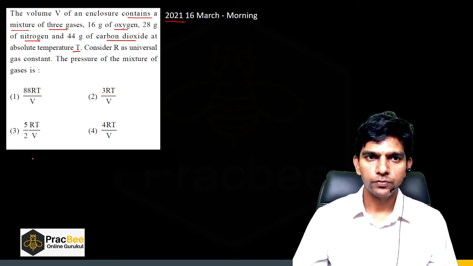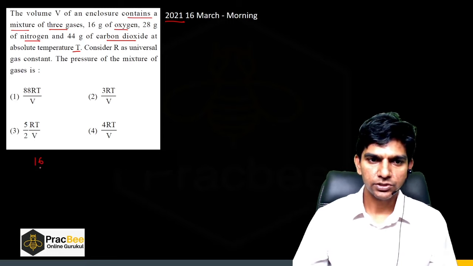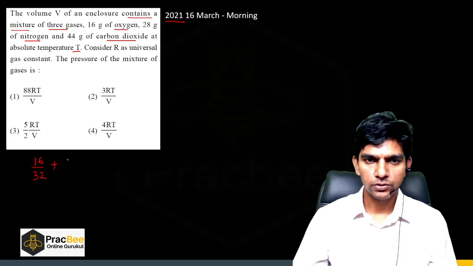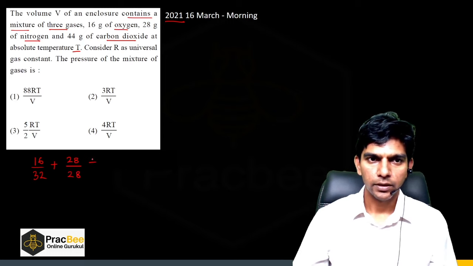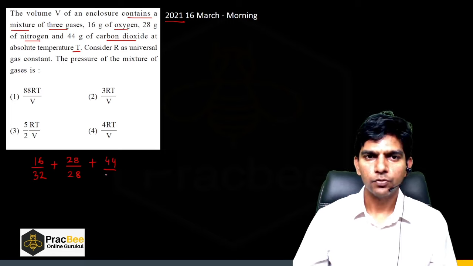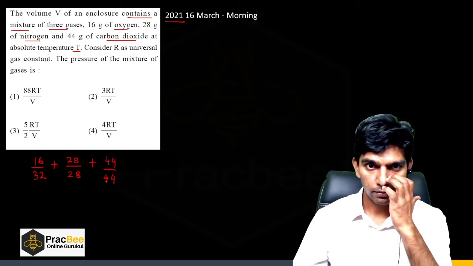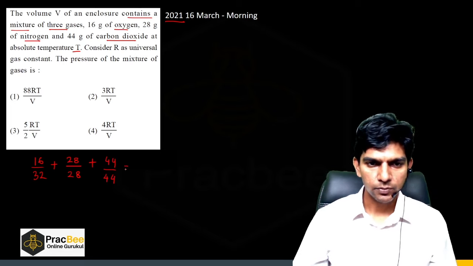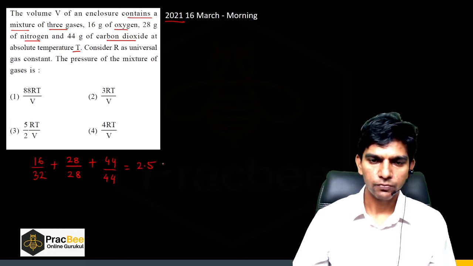Let us find out the number of moles. Moles of oxygen will be 16/32, number of moles of nitrogen will be 28/28, and number of moles of carbon dioxide will be 44/44, as 44 is the molar mass of carbon dioxide. Now it comes out to be 0.5 plus 1 plus 1, so it will be 2.5.